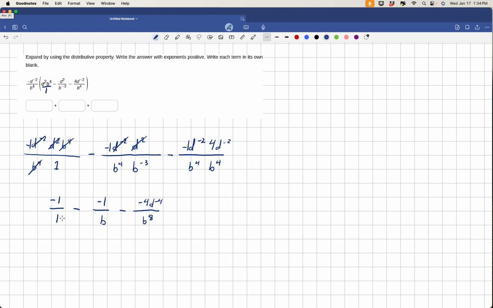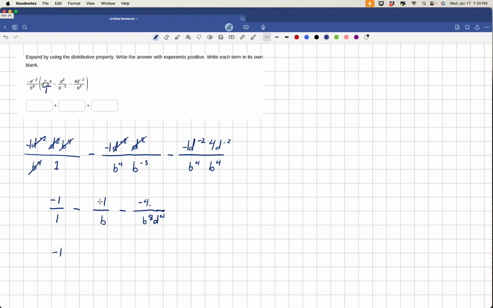Now I have to take into account, I need to get a common denominator so that I can add these together. So to do that, I am going to make all of my exponents positive. And all that means is I'm going to take this d4 and put it in the bottom to make it positive. Just like that. So now it's positive. So -1 over 1 is just -1, right?